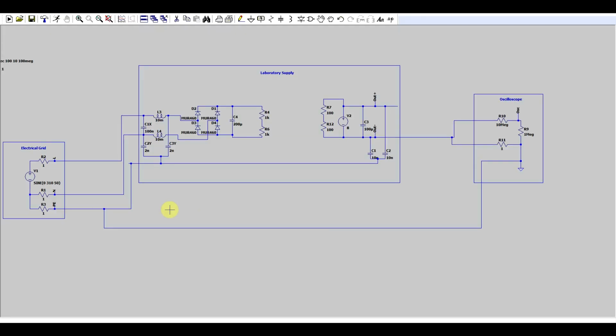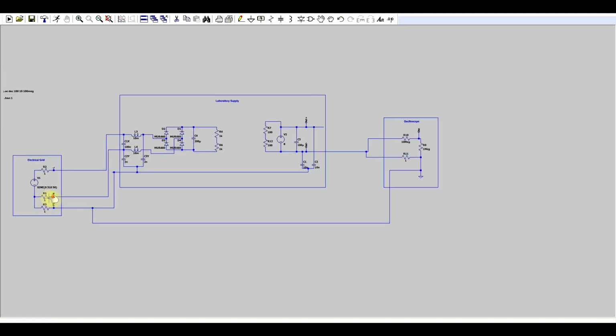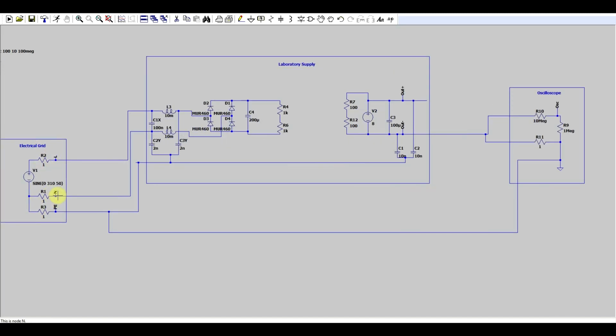So, to begin with, what I have here is a simulation involving the electrical grid. I have my power supply, then the laboratory supply itself is represented by an input filter, some rectification diodes, a capacitor and a load. The secondary side again has a voltage source and an output capacitor, and then capacitors linking both the primary and the secondary side to the protected earth.